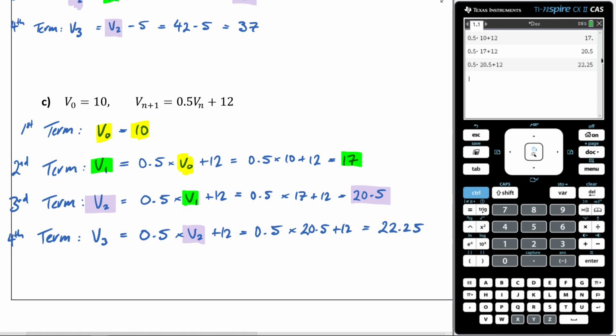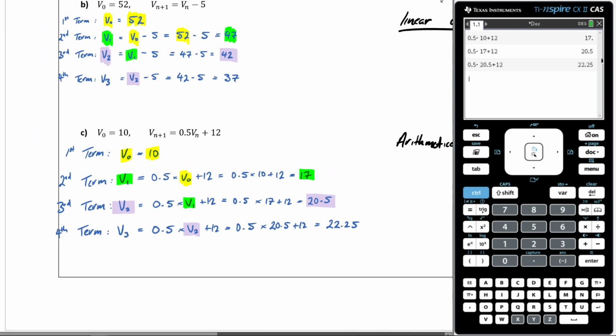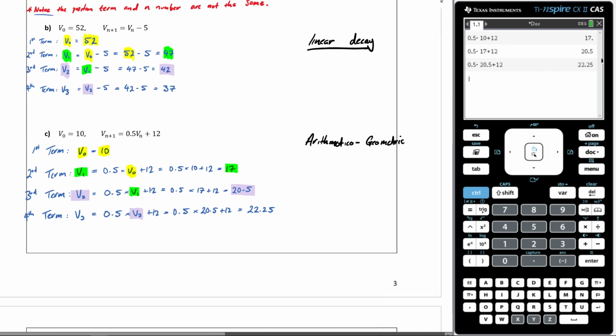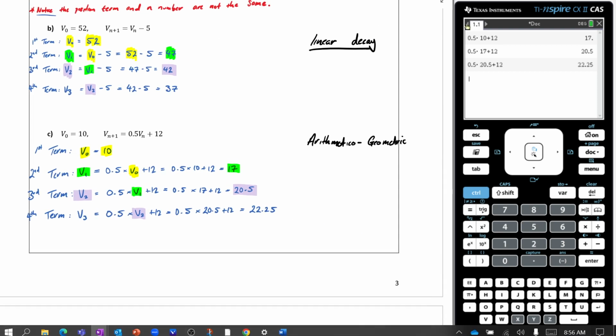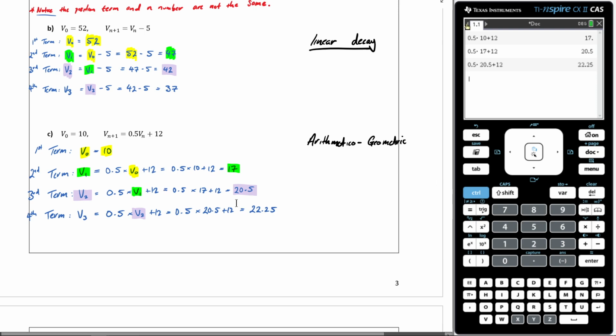Perfect. And those are our first 4 terms. And just like that, we are done. But before we finish here, can you tell me, is this last one going to be either a growth or a decay? Well, I'm going 10, 17, 20.5, 22.25. It's clearly growing. So this is going to be an arithmetic-geometric growth.